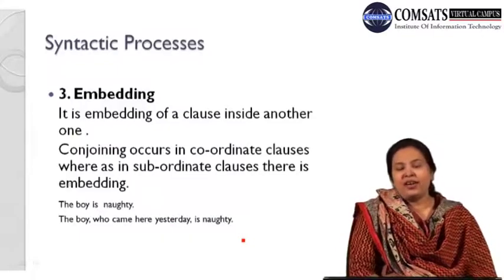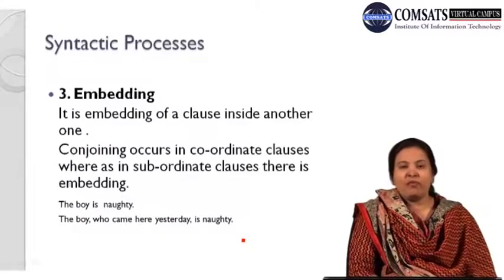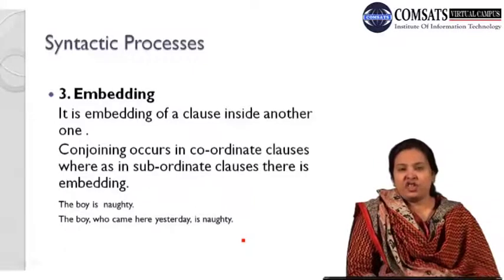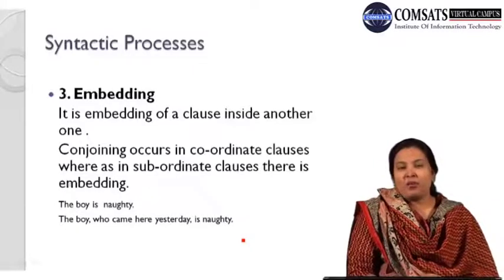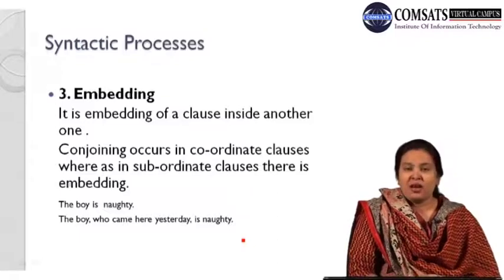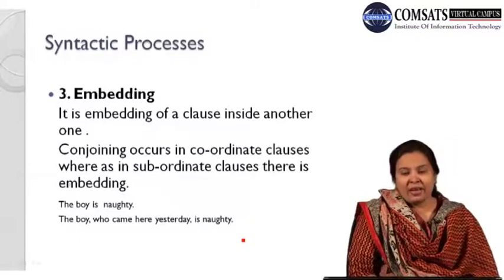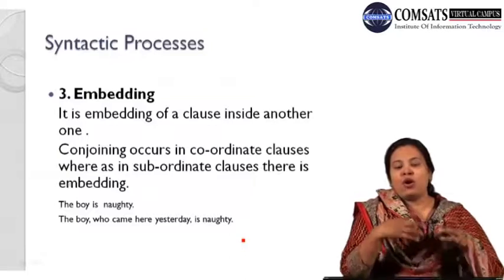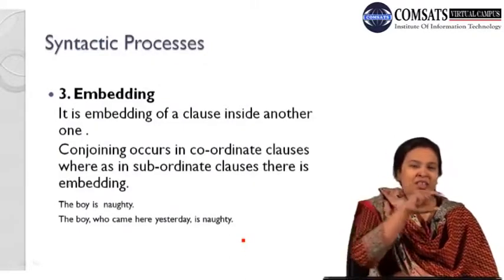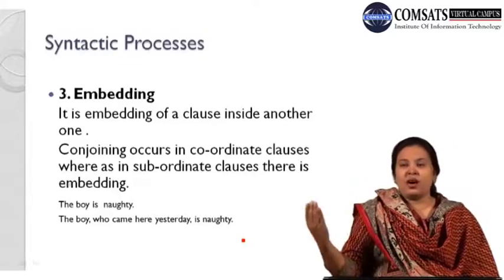Now another important syntactic process is embedding. Embedding is again the addition of an element, but in conjoining we add different elements at different places, whereas in embedding we embed a whole clause inside another one. Not only a few elements are inserted inside a sentence, but a whole clause.